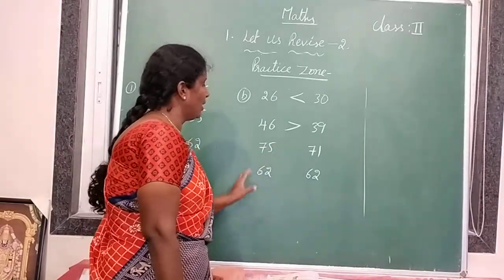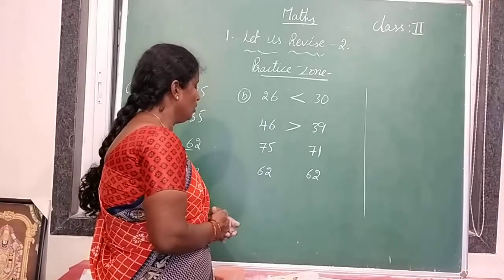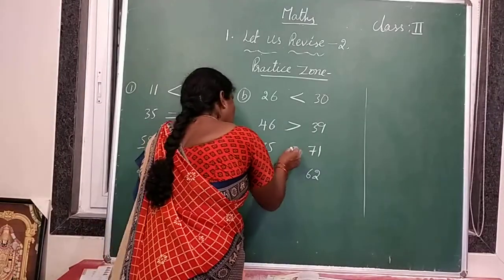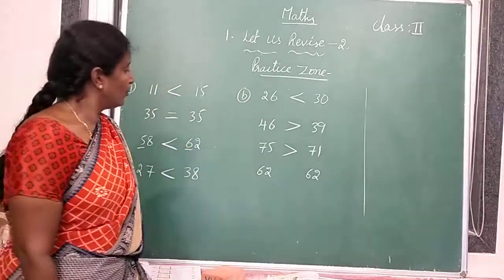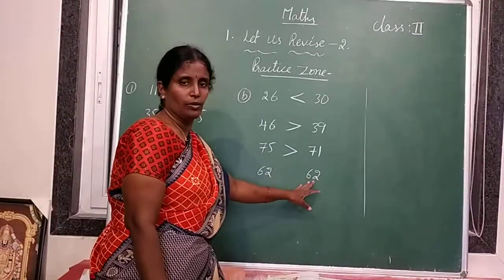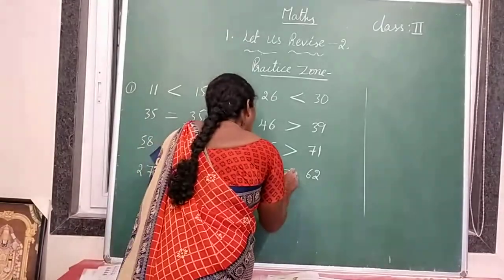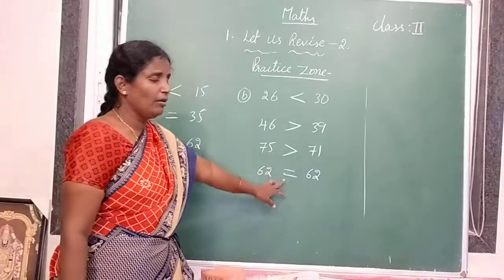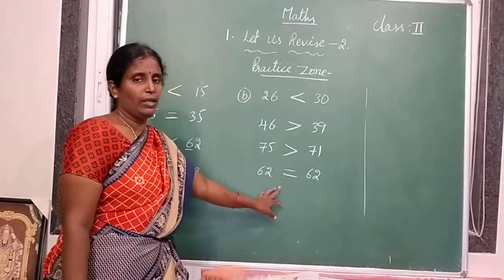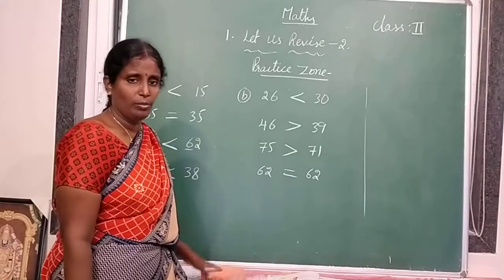Which is greater? 75 is more, so it opens its mouth towards 75. And next, 62 and 62. Both are the same, so which symbol do we write? The equal symbol. Understood? Understood for everybody?